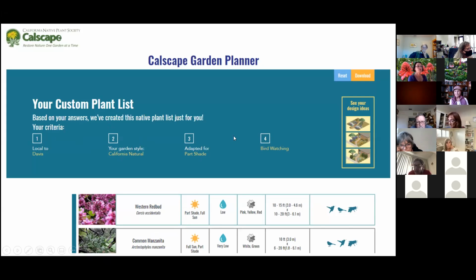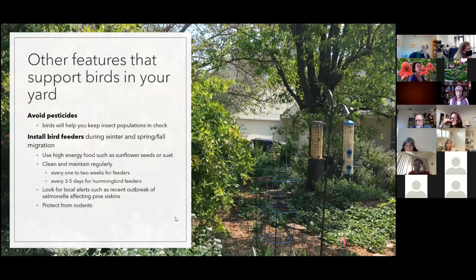Again, these parameters, you pick what you want, but it'll always give you a list of appropriate native plants that will do well in these criteria that you choose here. And not only that, but it'll give you some ideas for landscaping, some very preliminary layout plans. So it's a really fun tool to play around with or find what you already have in your garden, to say, hey, great, I already have a lot of these there, and there's some others that are compatible that I might want to plant to supplement.